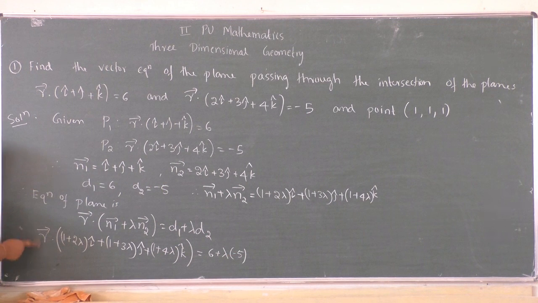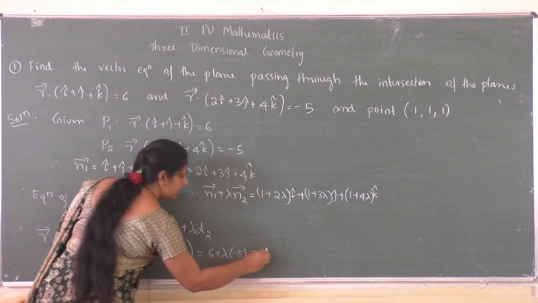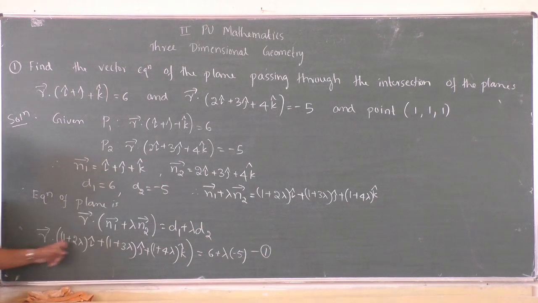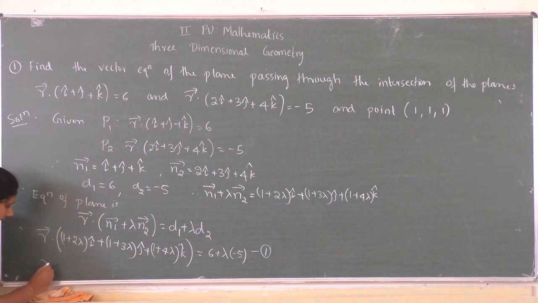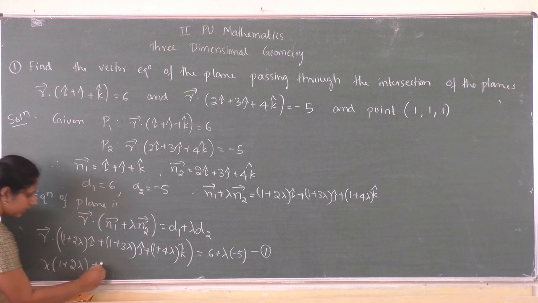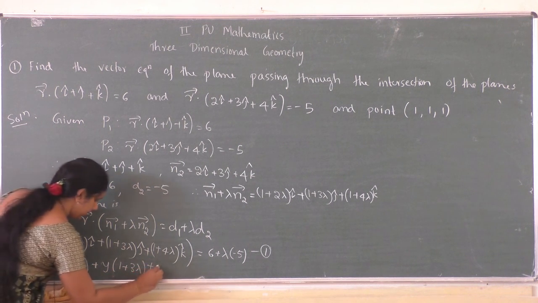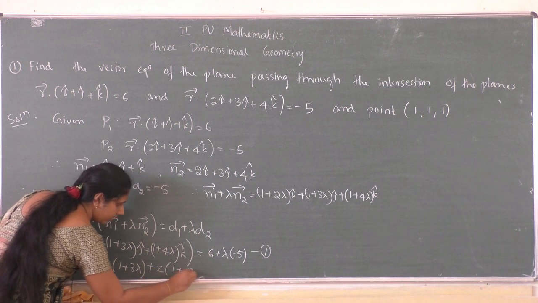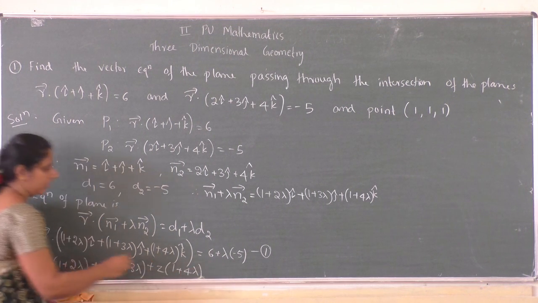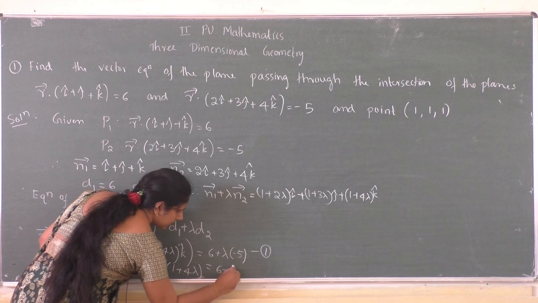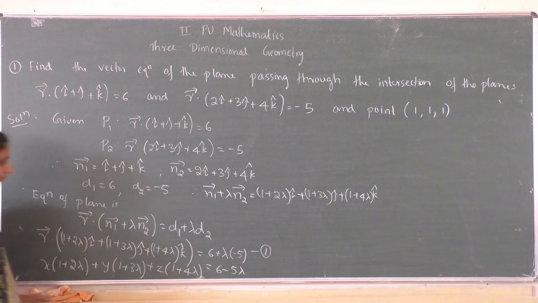Actually r vector is x i cap plus y j cap plus z k cap. So the dot product means it is of the form x into 1 plus 2 lambda plus y into 1 plus 3 lambda plus z into 1 plus 4 lambda, which is equal to 6 minus 5 lambda.